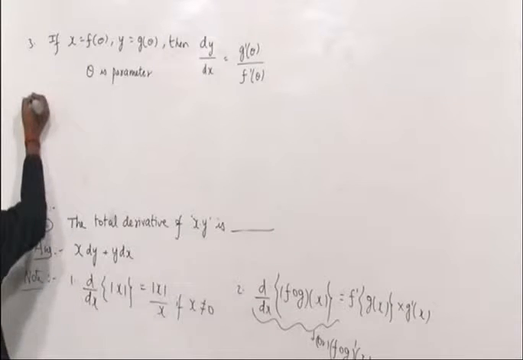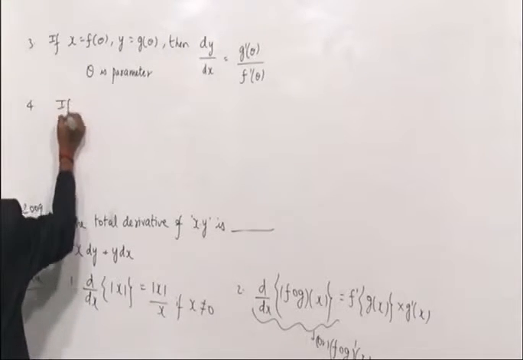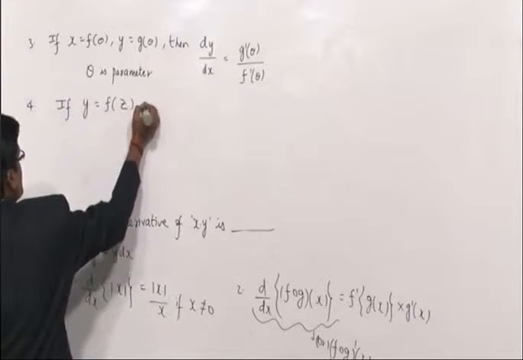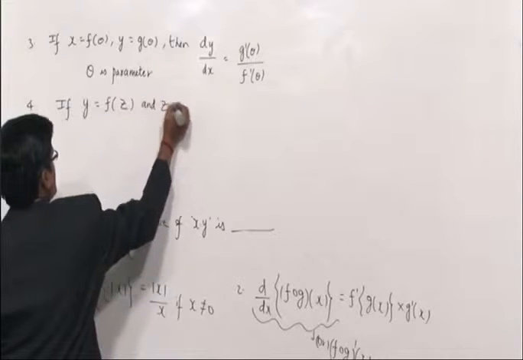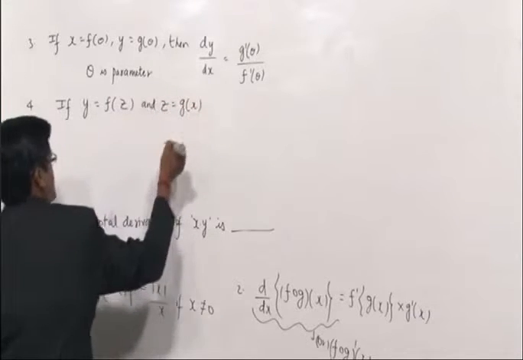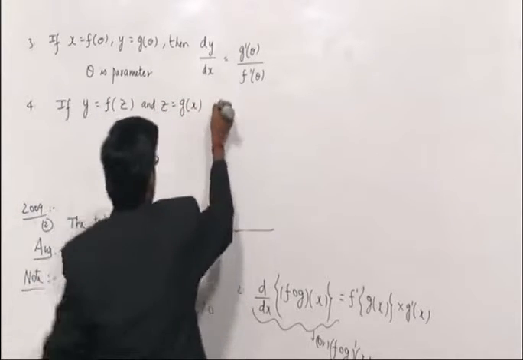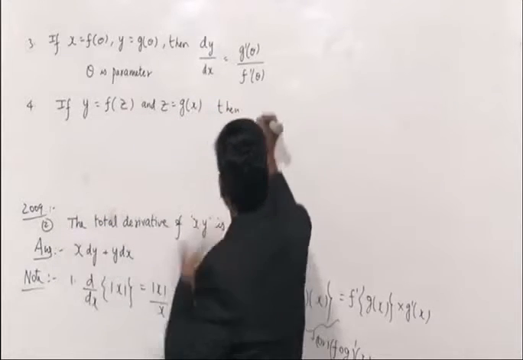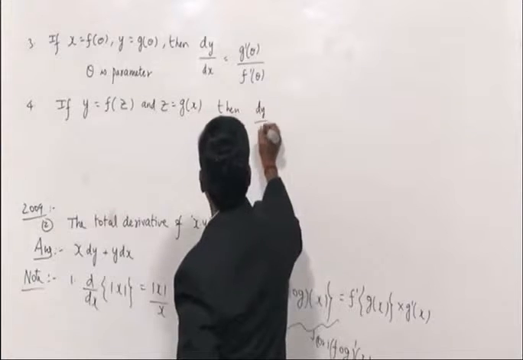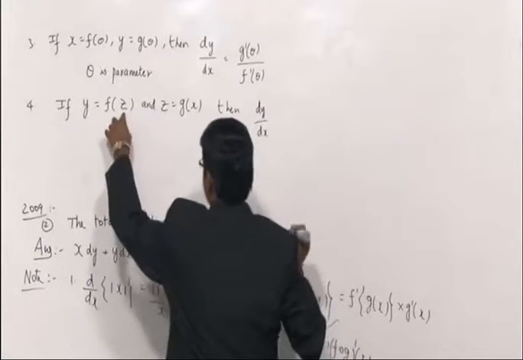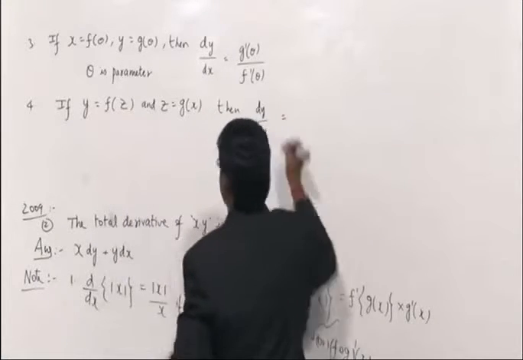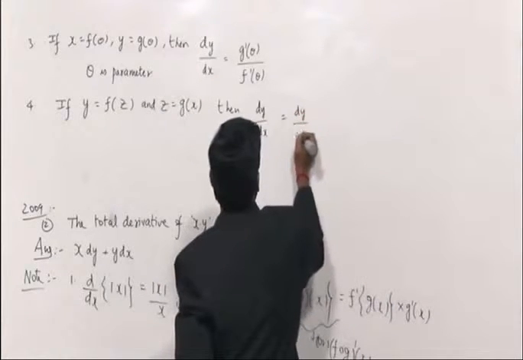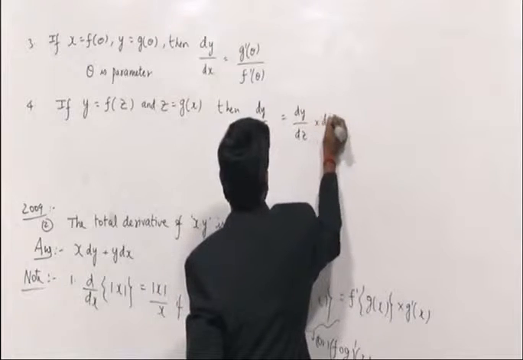Similarly, chain rule is, if y is equal to f of z and z is equal to g of x, just three variables relating like this, then dy by dx, the derivative of y with respect to x, but y is a function of z, z is a function of x, just like a given total derivative procedure, dy by dz into dz by dx.